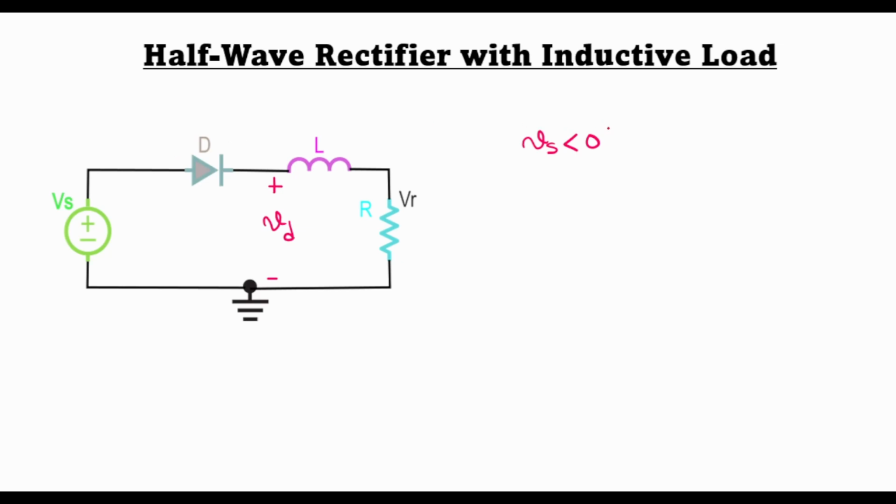So in this case, the output voltage Vd will be equal to 0. Now when the input voltage Vs becomes greater than 0, we'll be assuming here an ideal diode, which means that the diode will behave like a short circuit and the output voltage Vd will become equal to Vs.